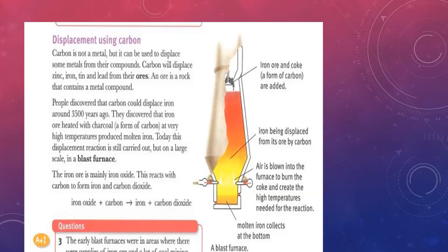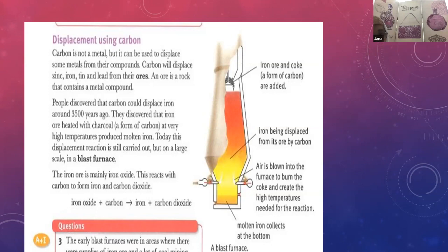To understand what happened in this furnace, in this process we use the ore of the iron, which is iron oxide, and the reaction between carbon and the iron oxide gives pure iron and carbon dioxide. When you look at this equation, you conclude which one is more reactive than the other, iron or carbon?